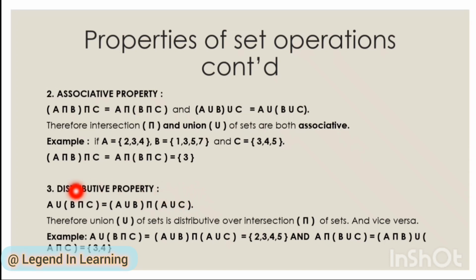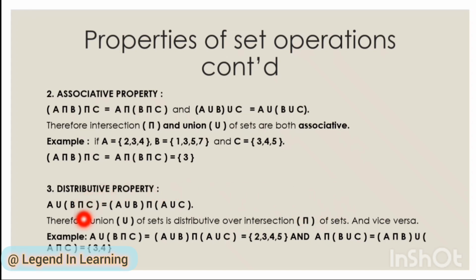And I can still bring the intersection out and put the union in, and I will have A intersection B union B intersection C. So that's how it works. Therefore, the union set is distributive over the intersection. Why?